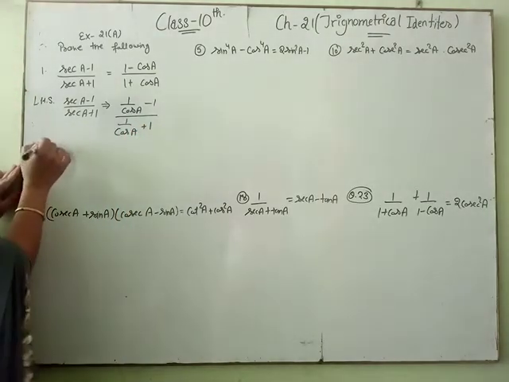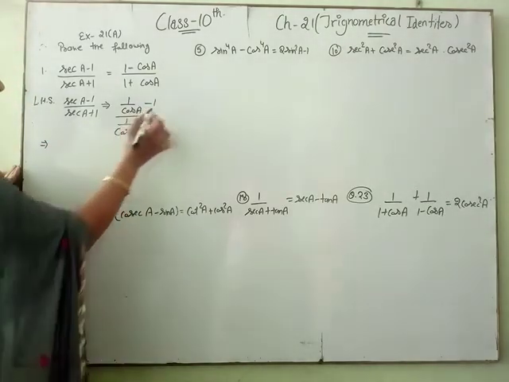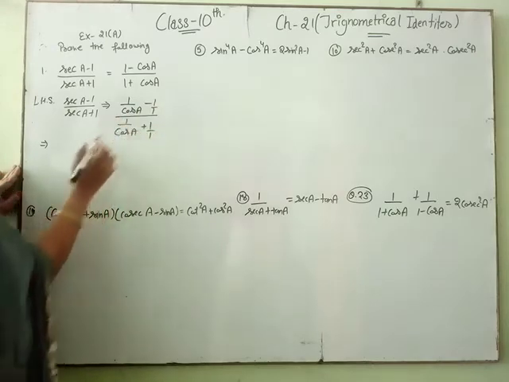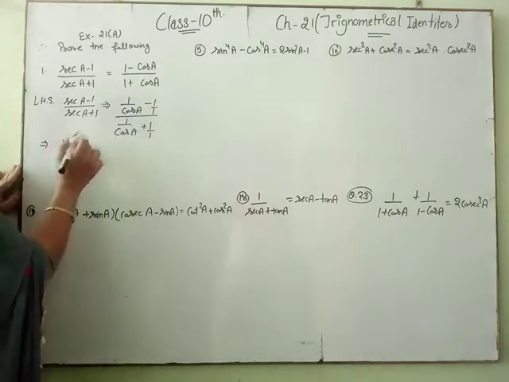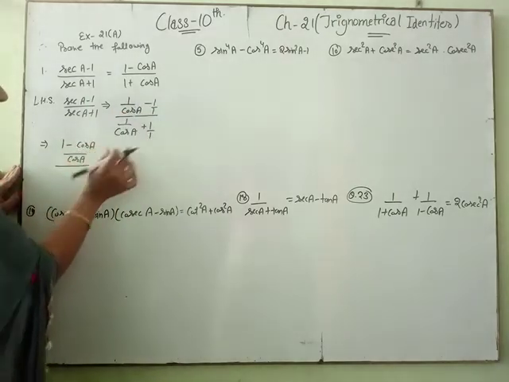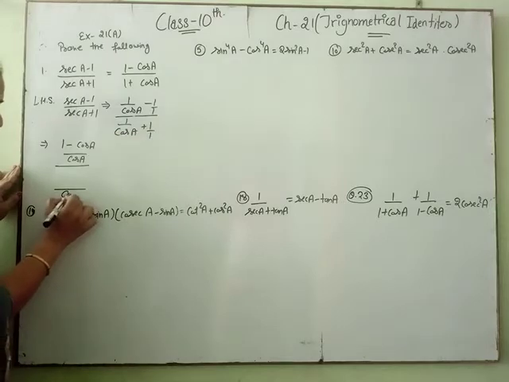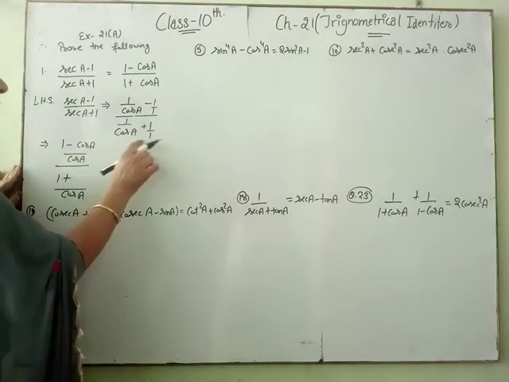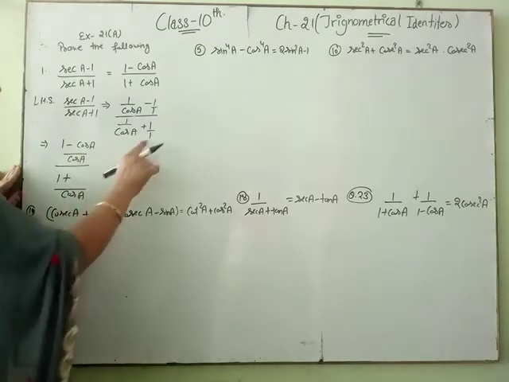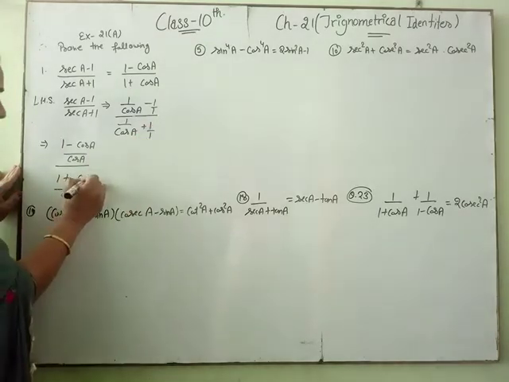Next, you take the LCM, cos a, in the first term 1 minus cos a multiplied by cos a, and in the second term, take the LCM cos a, and there is 1 plus cos a divided by 1, cos, and multiply with 1, then cos a.